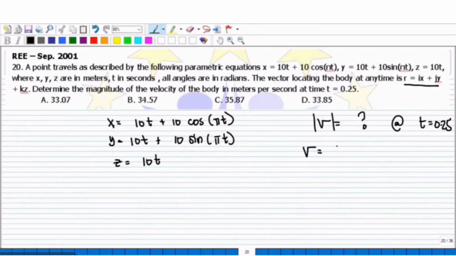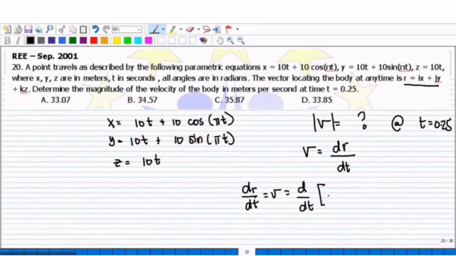This is the derivative of your position with respect to time, from your dynamics of rigid bodies. Derivative of your position vector with respect to time. Therefore, ano po ang dr over dt? This is equal to v, and that is equal to d/dt ng r.